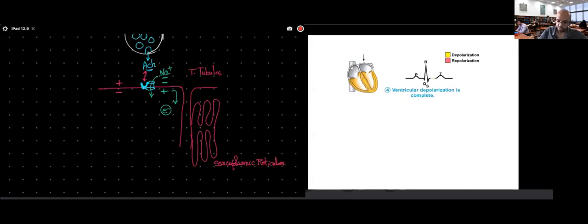Remember, what was the effect of this electrical signal? It opened another calcium channel, another voltage gated calcium channel, allowing calcium to travel to the inside of the cell. This time it is a muscle cell.